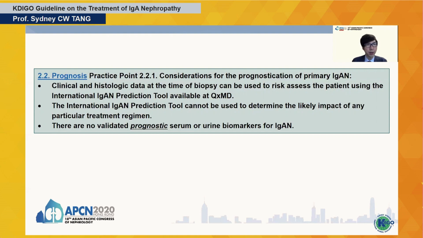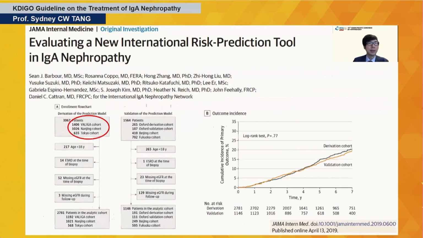So I would just want to talk a little bit about this International IgAN Risk Prediction Tool, basically coming from this paper from Sean Barber, in which he assessed over 3,000 subjects from the Velika cohort, Nanjing cohort, and Tokyo cohort. And therefore, in this particular tool, you would have data from Caucasian, Chinese, as well as Japanese subjects.